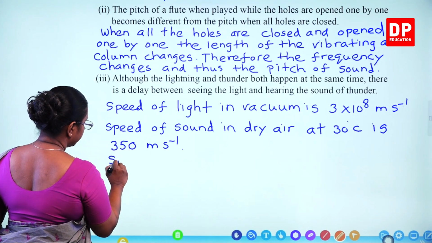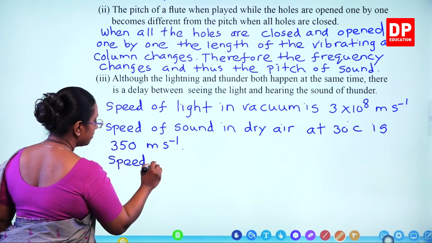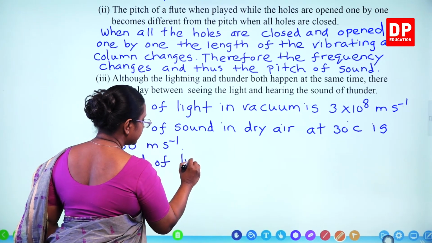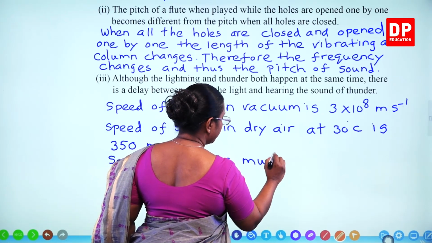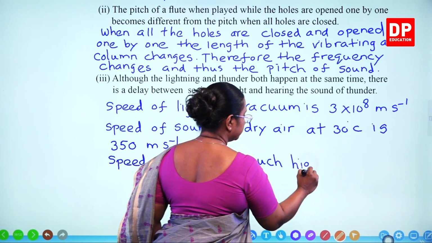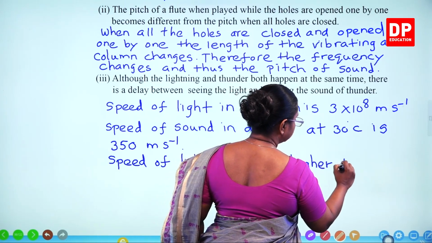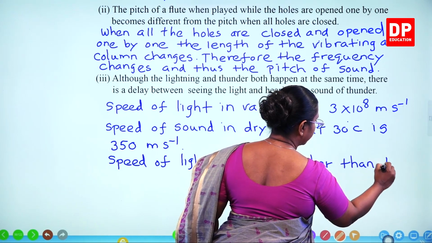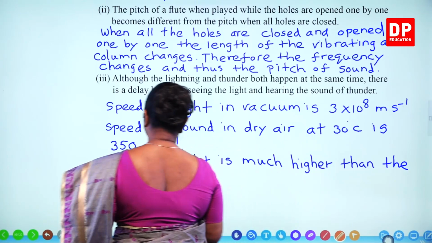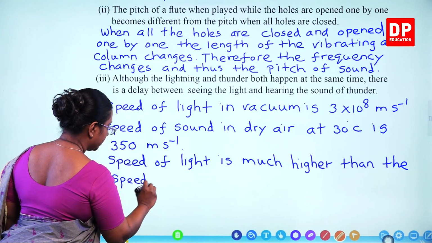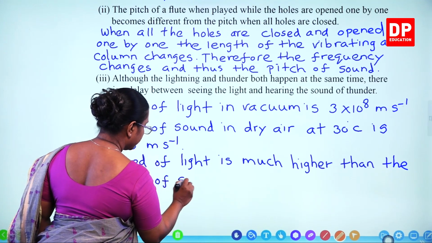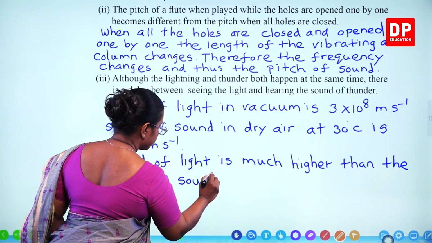So speed of light is much higher than the speed of sound.